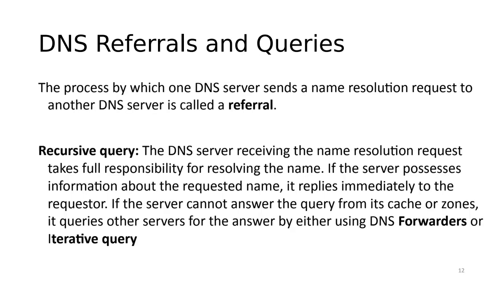You send a request. The request will go to the DNS server. The DNS server will take full responsibility. If it's a recursive query, it will take full responsibility and give you the location of that website, the address. If it does not have the address, don't worry.